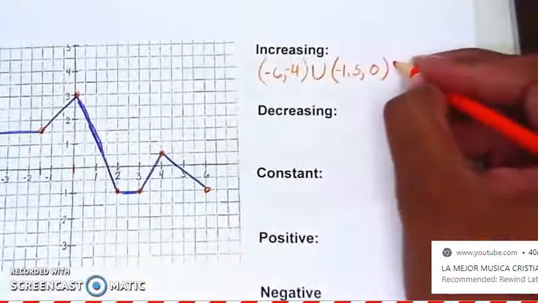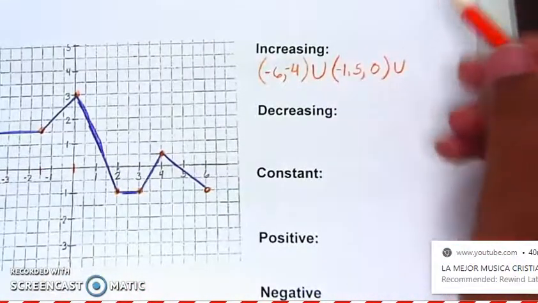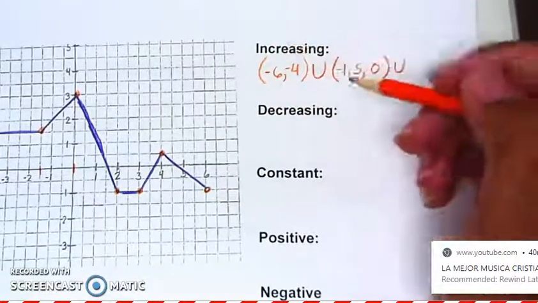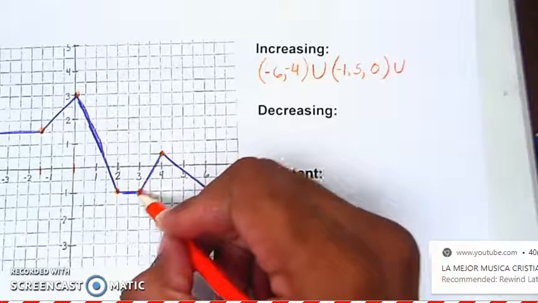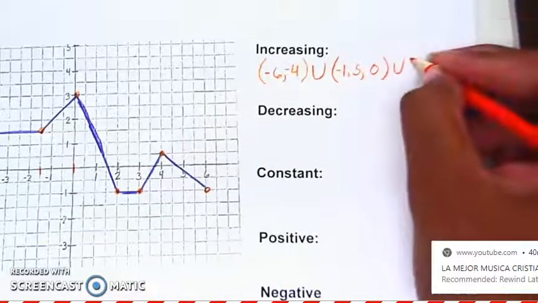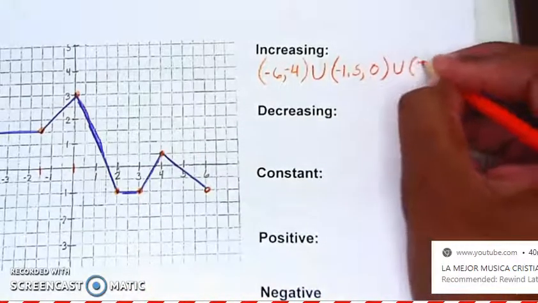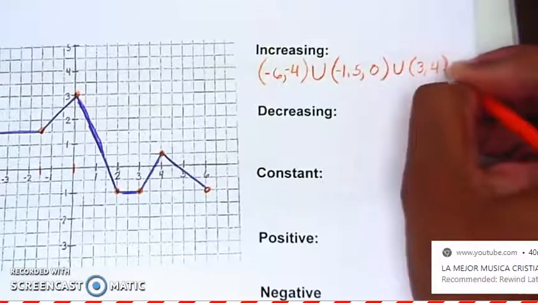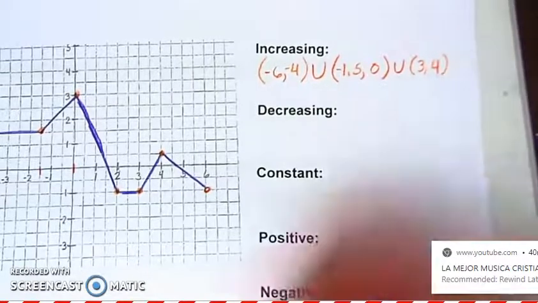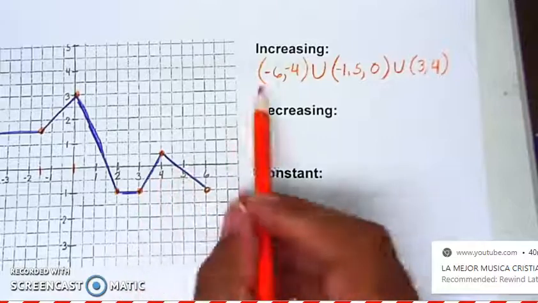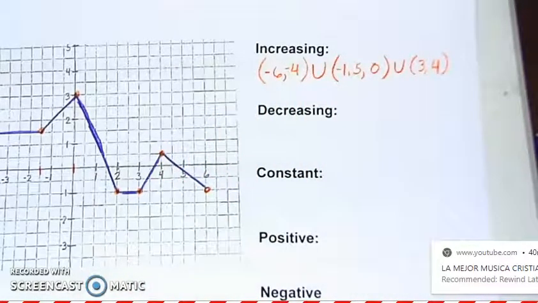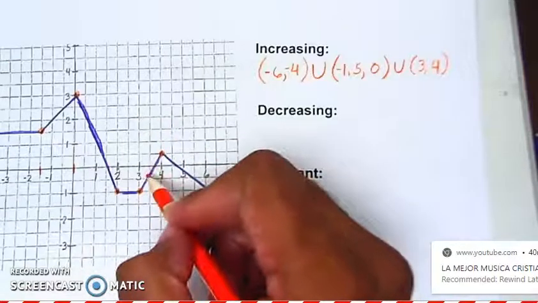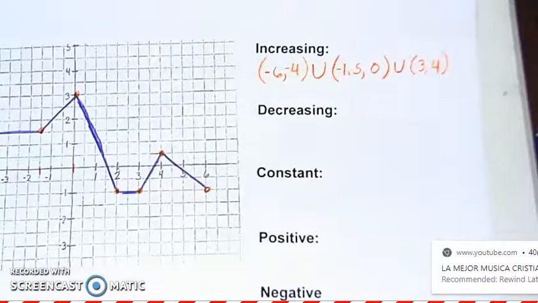All right, and then another one is from right here, from 3 to 4. So from 3 to 4, it's actually increasing one more time. So here, from 3 to 4, we put parentheses there. And again, we're putting parentheses on every one of these intervals because at these points, they are not increasing or decreasing. Between these points, they are, but at that point it is not.